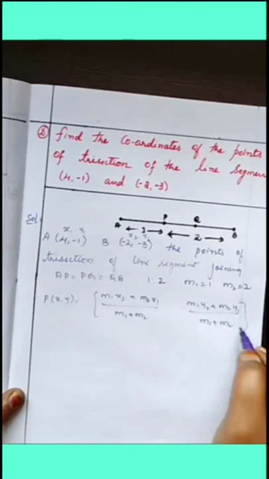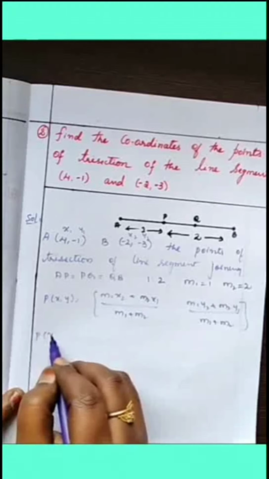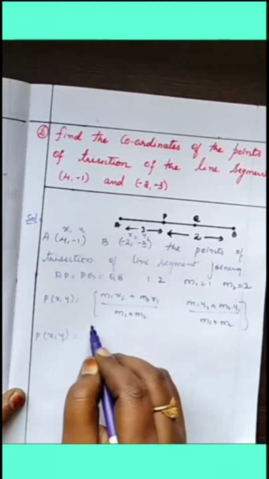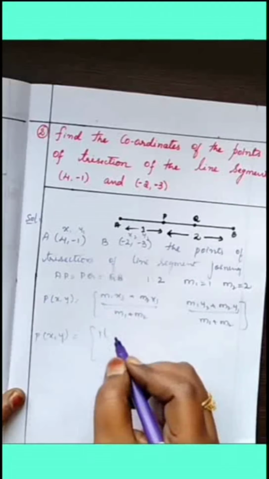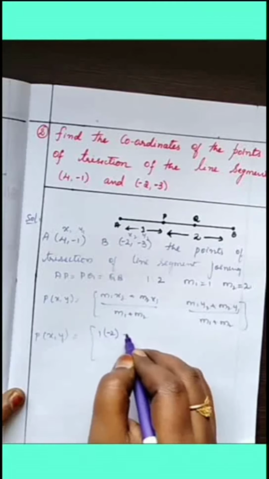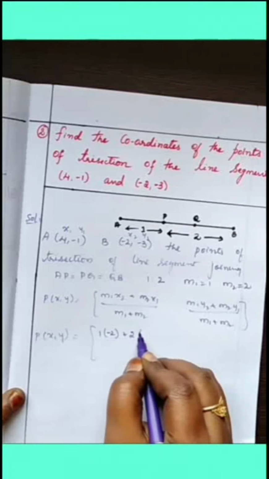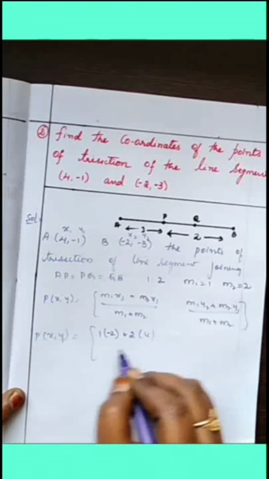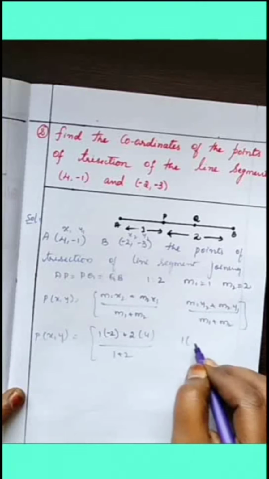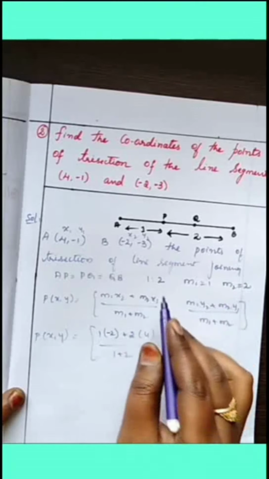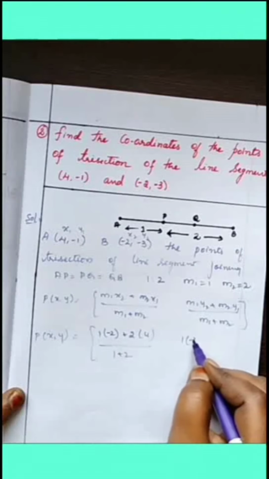Now substitute all these values in the section formula. What we have to find here? We have to find the P of x, y value. m1 value is 1, x2 is -2, plus m2 value is 2, x1 value is 4, divided by 1 plus 2. Next, m1 value is 1, y2 value is -3.